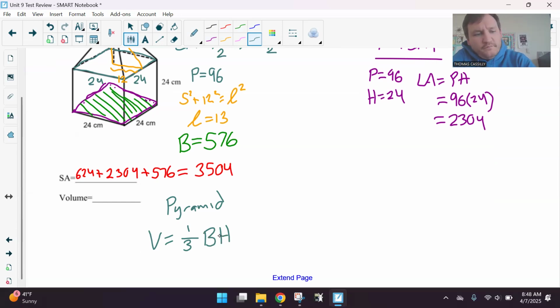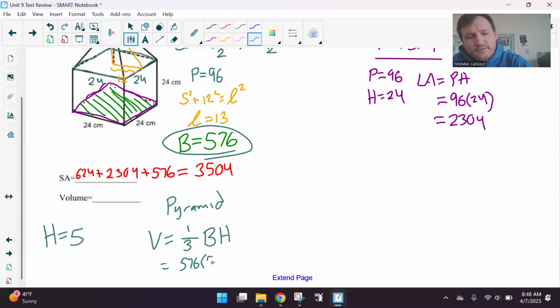The height on this guy was equal to 5, and the area of the base we found right here. So this is 576 times 5 divided by 3. I don't know if that's a nice number or not. I'd be willing to bet it's not. No, it is. 960.